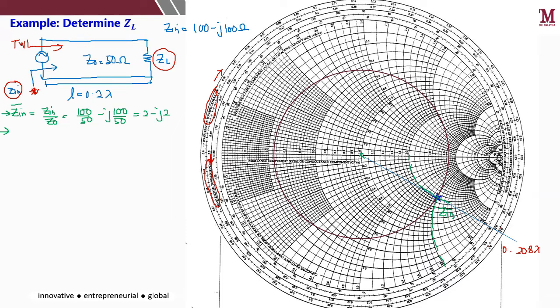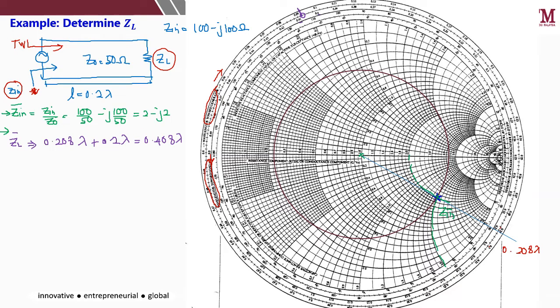So the new position of the ZL, ZL bar will be at 0.208 lambda, the current position of your Zin, plus the total length of the transmission line, 0.2 lambda, so 0.408 lambda. Okay, so you refer to the Smith chart, look at the second axis towards the load, so anti-clockwise in this case, so 0.4, 0.41, so 0.408 is somewhere here.